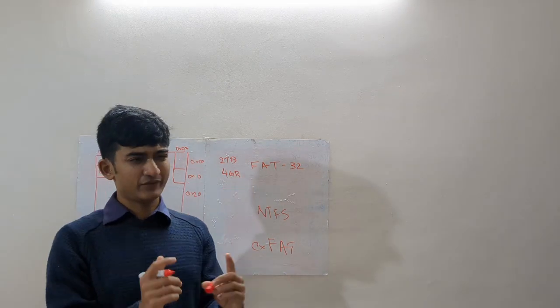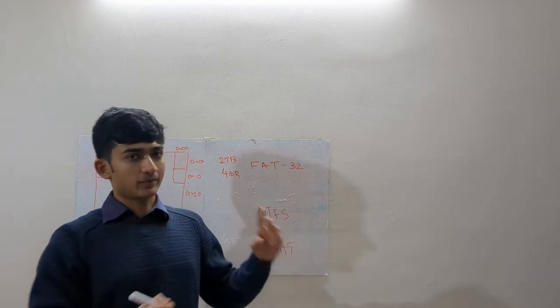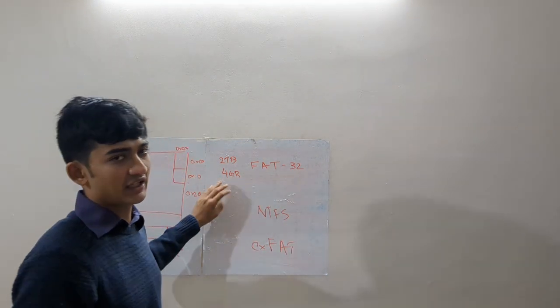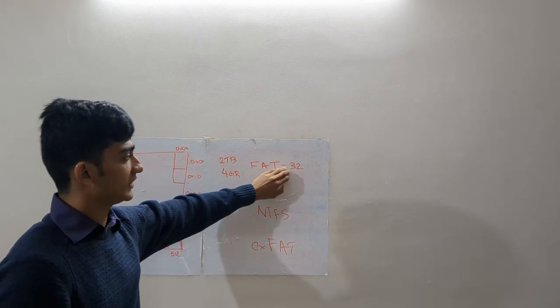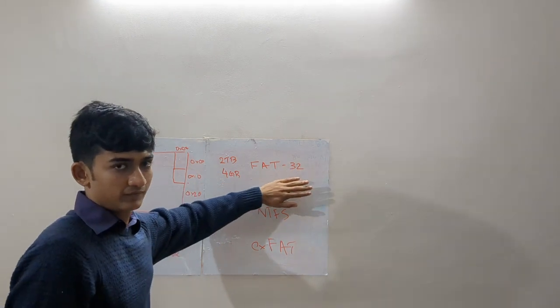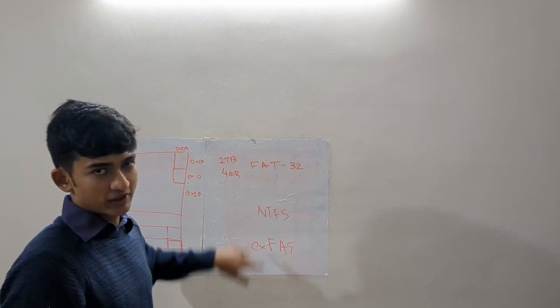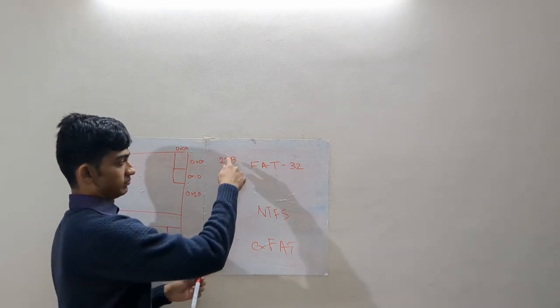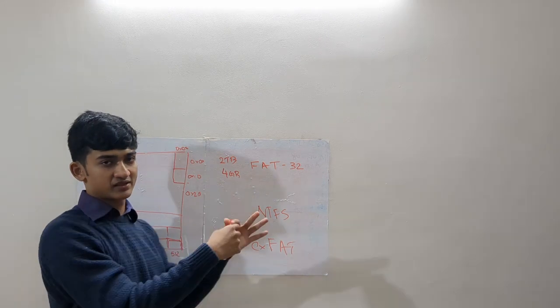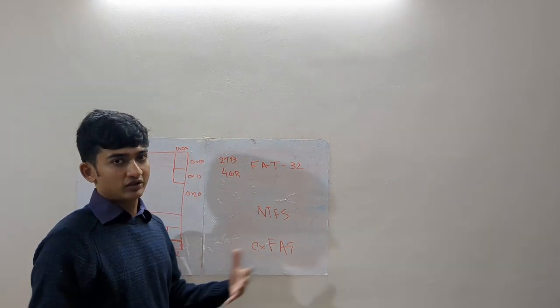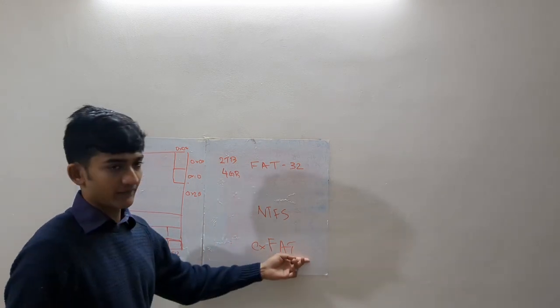So an individual file, the largest it can be is 4 GB. There are ways to get over this, but conventionally, the largest file you can put in a 32 GB FAT32 file system is a 4 GB file. Nowadays, as storage devices became bigger, this limitation became quite annoying. So that's why they came up with exFAT.